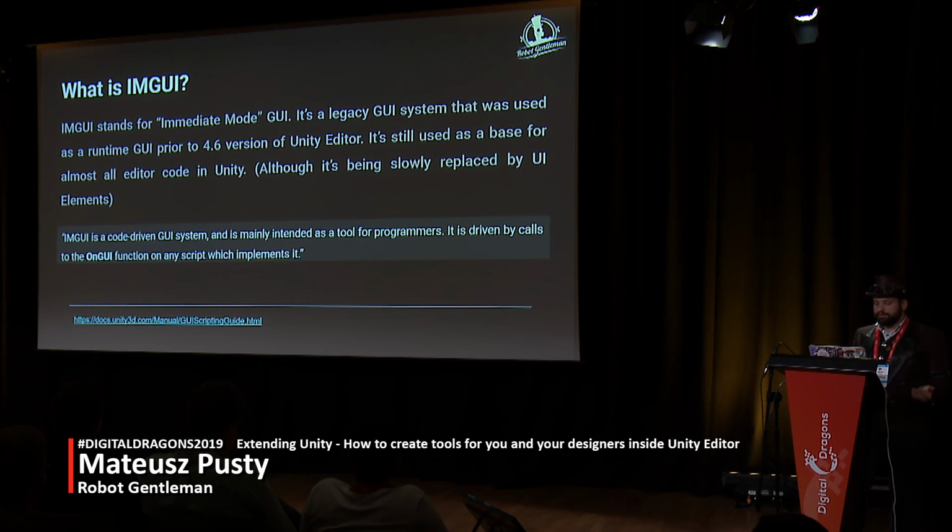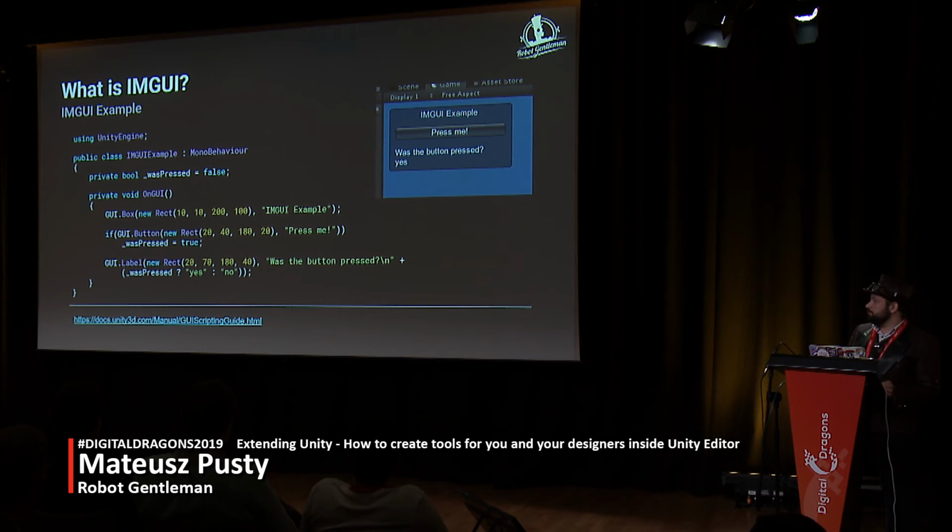And this is an example of the GUI code. As it is immediate GUI, the lines here are executed even more than once a frame. And every box, every button, every label is recreated every time we go through this code.